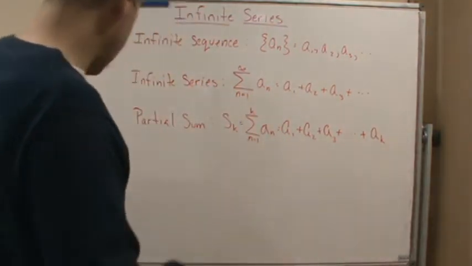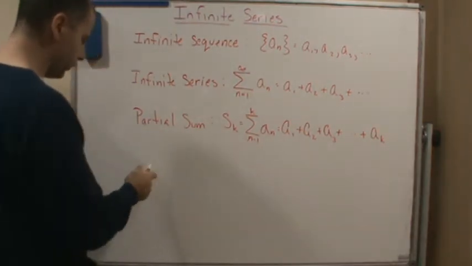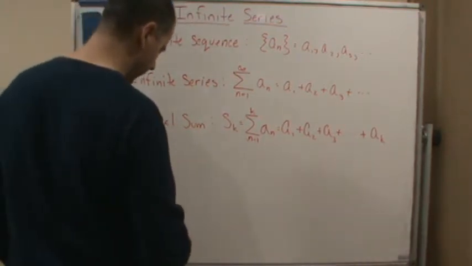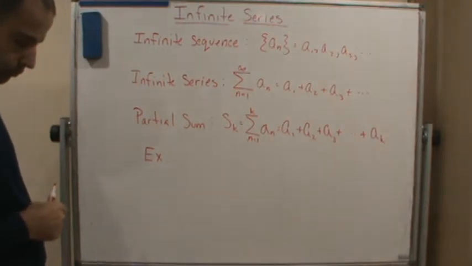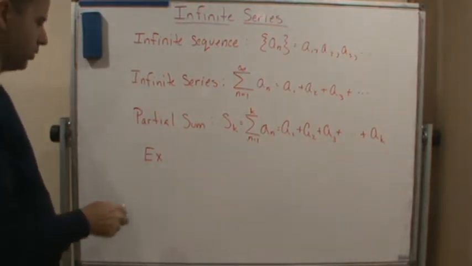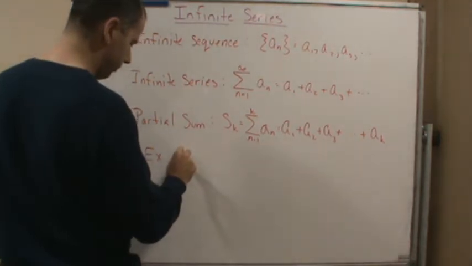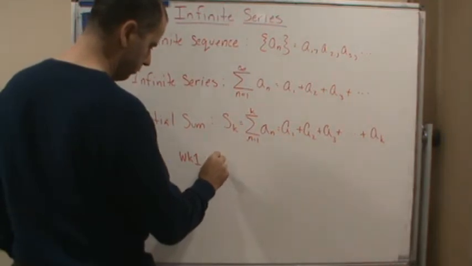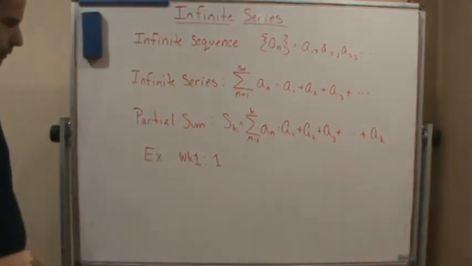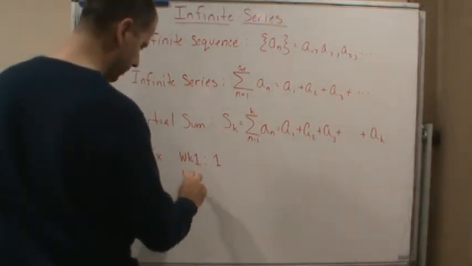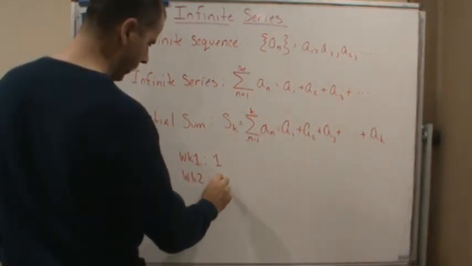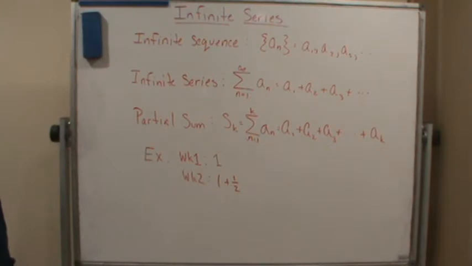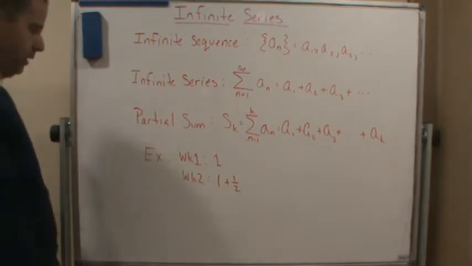So what do we have? We have something like this. In this example, let's say we're dealing with thousands of gallons per week. So let's say week 1, you have 1. Then week 2, you have 1 plus a half. This is the total amount of oil that's seeped into the lake after each week.